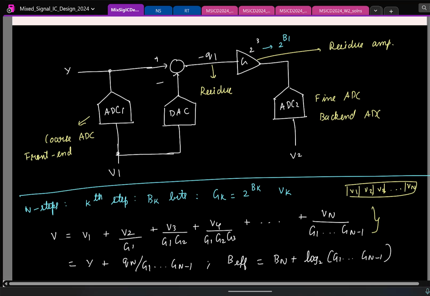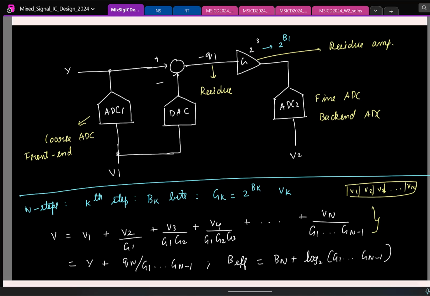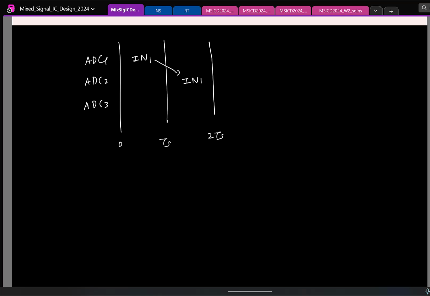So just to answer one question that he asked, there are two ways in which you can go about doing this. Let us say I have the first ADC, ADC1, ADC2, ADC3. The first input is processed by the first ADC. It digitizes it and gives the output at the first clock edge. Now one thing you can do is wait so that this is then processed by the second ADC, the quantization noise, and the second ADC gives the output at the second clock edge.